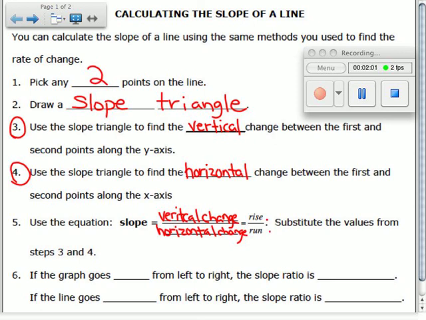Number 6, if the graph goes blank from left to right, so if it goes up from left to right, the slope ratio is positive. And if the line goes down, then I'm sure you can guess, from left to right, the slope ratio is going to be negative.